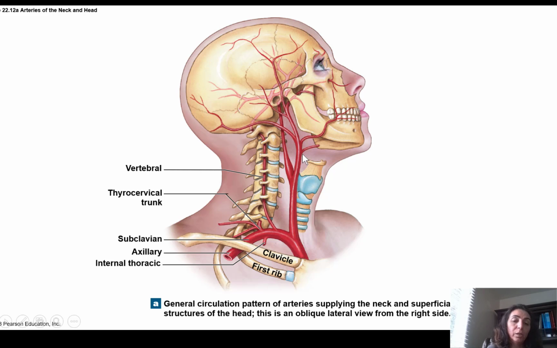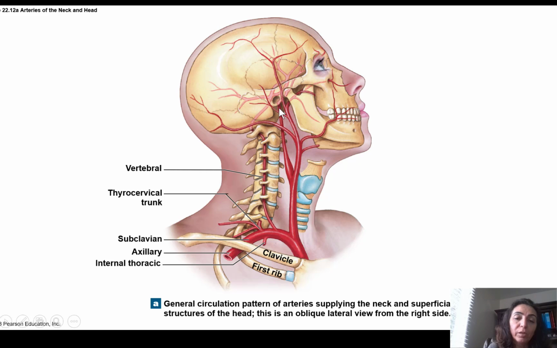And here is a good picture showing this is the brachiocephalic, then it makes the common carotid. It's shown on the right side. Then you have the common carotid artery, and the one that goes toward the outside is the external carotid artery, and the one that goes toward the inside is the internal carotid artery.